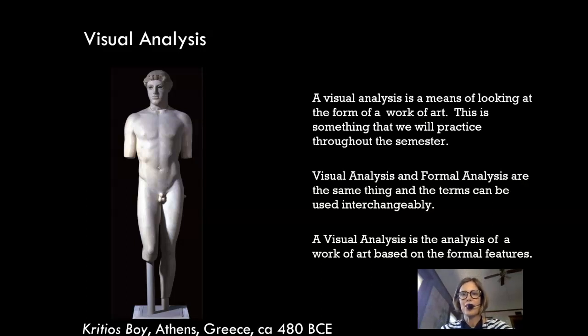Okay, so as you can see here, a visual analysis is a means of looking at the form of a work of art. This is something that we are going to do through the semester. A visual analysis and formal analysis are the same thing, and these terms can be and will be used interchangeably throughout the semester. And a visual analysis is the analysis of the formal features of a work of art.